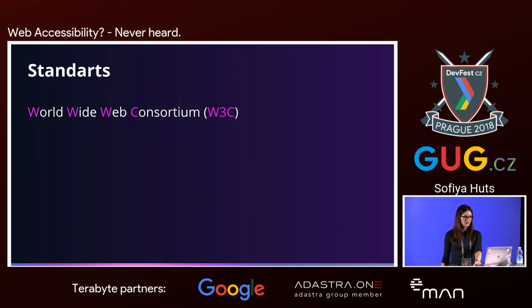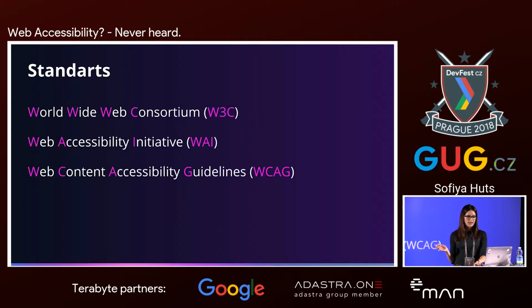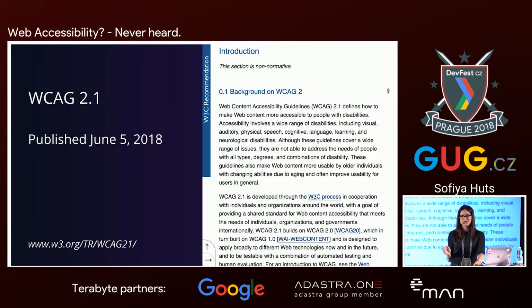They have created the Web Accessibility Initiative, and they created the Web Content Accessibility Guidelines. The WCAG, the latest version 2.1, was published this June. It's a very rich guideline on accessibility. It can be a bit overwhelming because of the text, but it's very useful if you go step by step and learn different use cases.